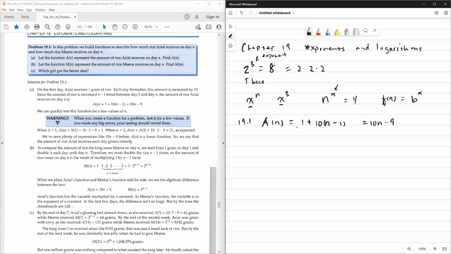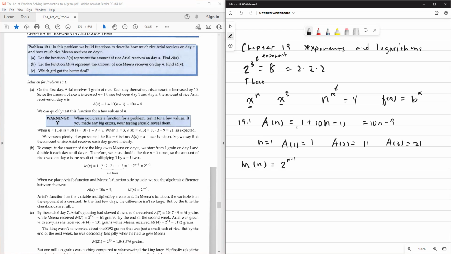So the first day when n equals 1, a1 equals 1, a2 equals 11, a3 equals 21. It seems to work out, right? Okay, so Mina's, m_n equals 2 to the n minus 1 power, I think, right?